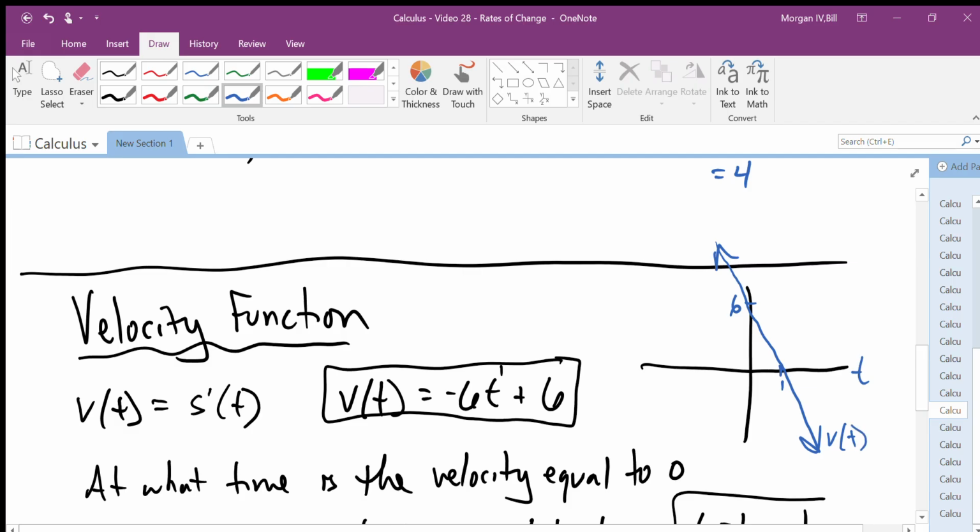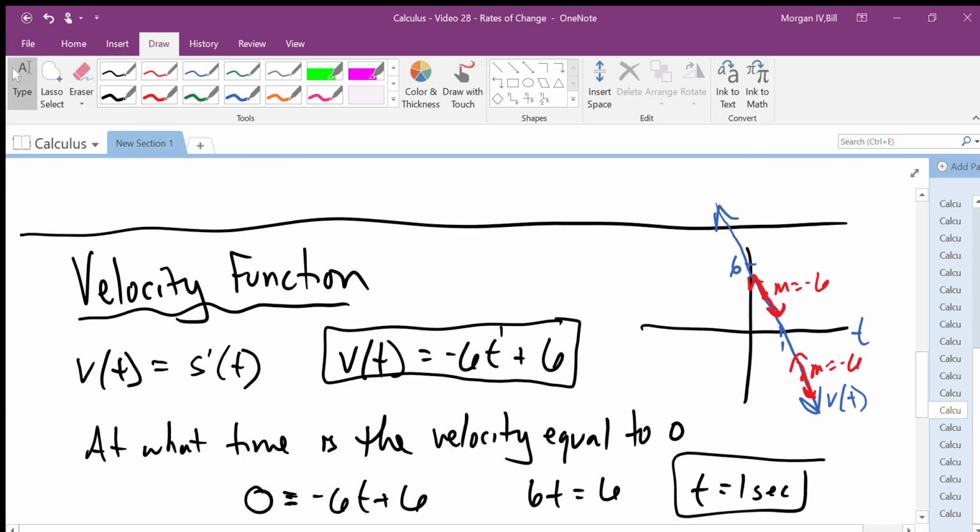The acceleration is the change in the velocity. It's going to be the derivative of the velocity function. So we should be able to find the acceleration simply by finding the derivative of the velocity. Picture-wise, it's going to be the slope of the tangent line on our velocity function. But because our velocity function is just a line, the slope of the tangent line is always whatever the slope of the line is, which in our case is negative 6 everywhere.